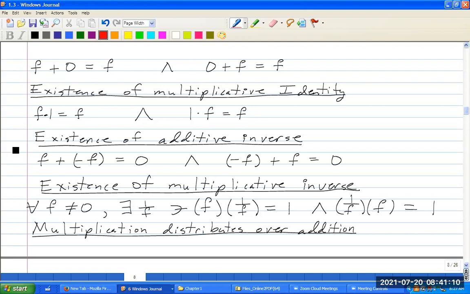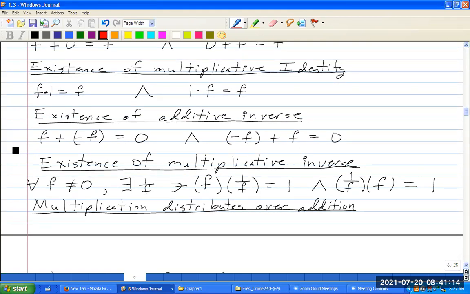The existence of an additive inverse. If f is any function, then there exists the additive inverse of f, denoted here by negative f, such that f plus its additive inverse is equal to the additive identity, the 0 function.